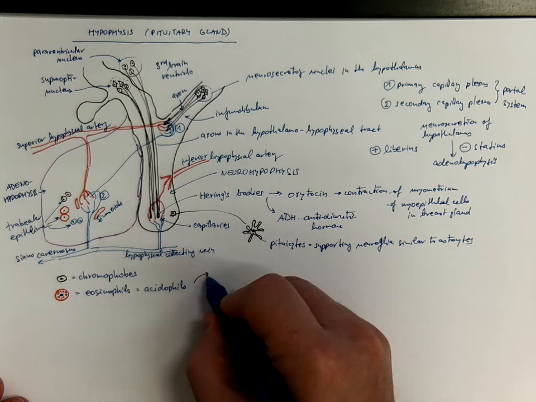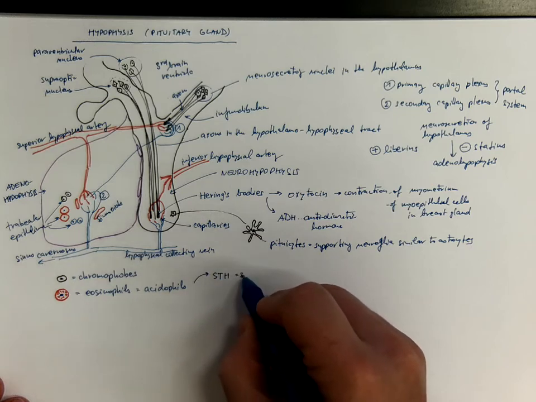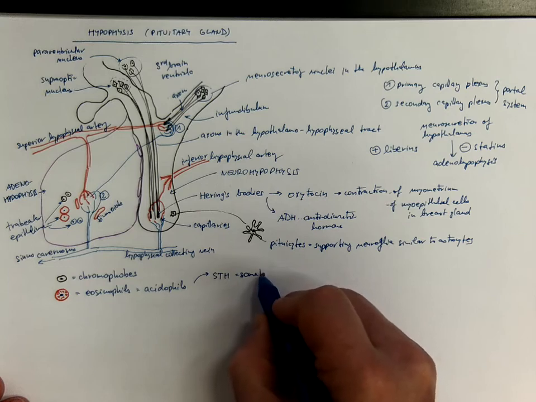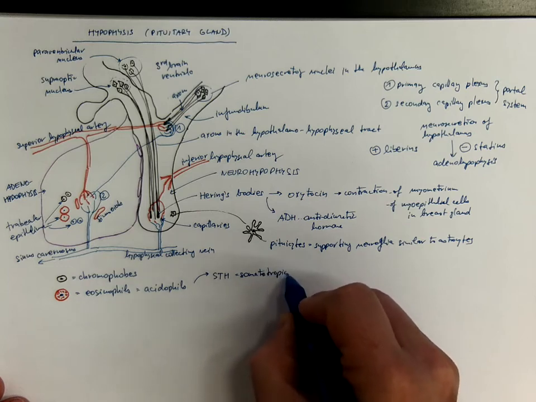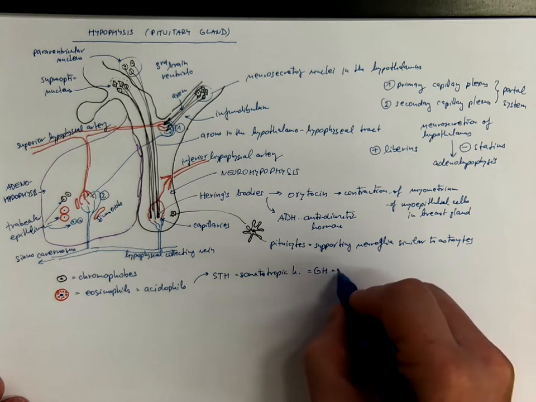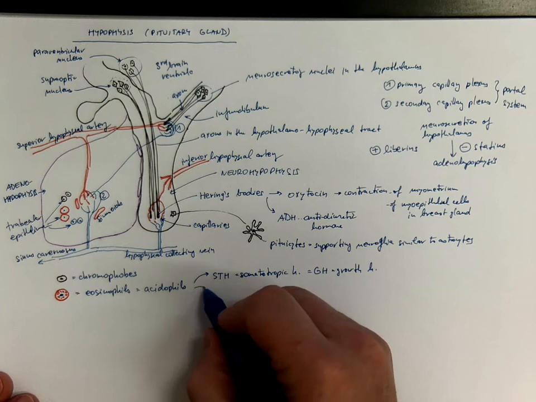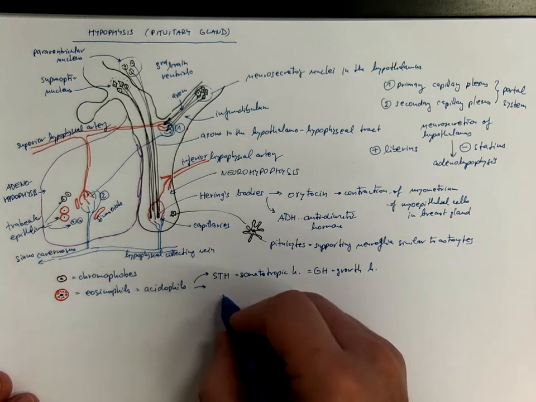One that produces somatotropic hormone, or growth hormone. Another type of eosinophils is producing prolactin.